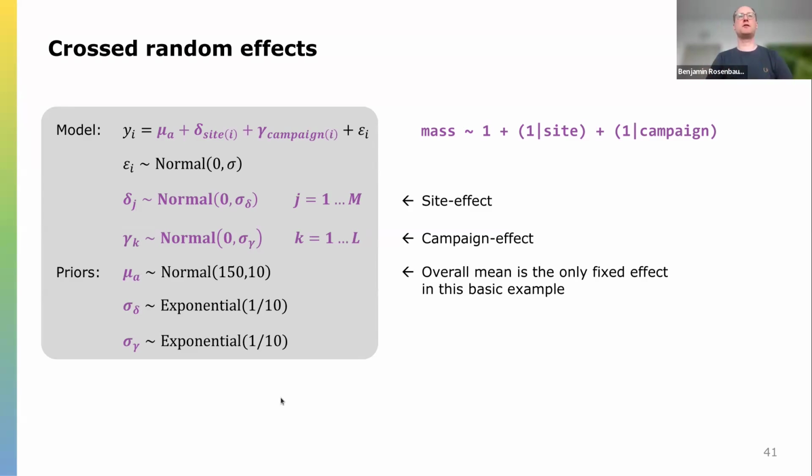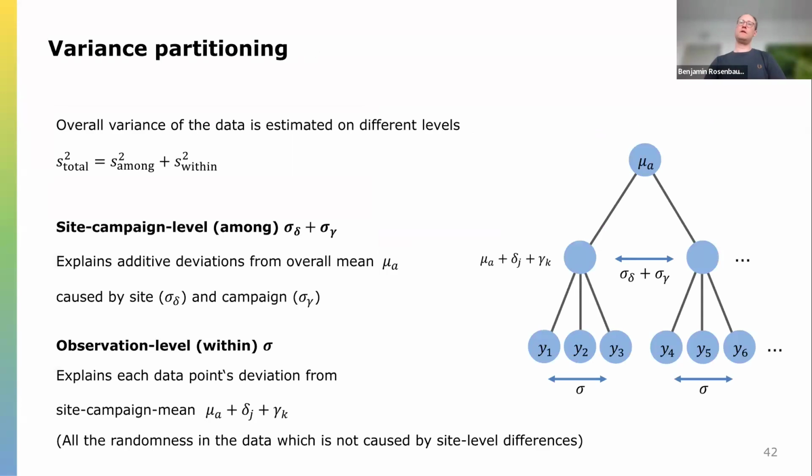model fitting process automatically. If we look at the hierarchies, we can again imagine that this divides the total variance into among and within level variance. And so this is the overall mean. Then we have the site and campaign level.